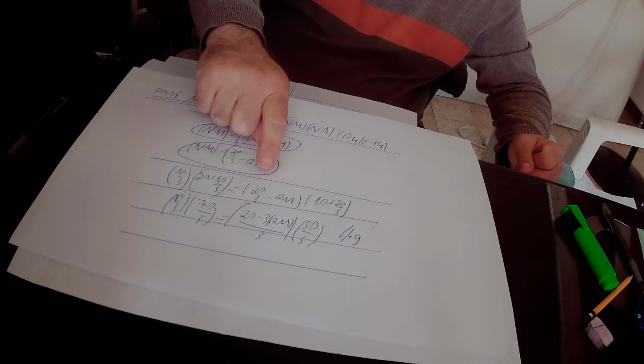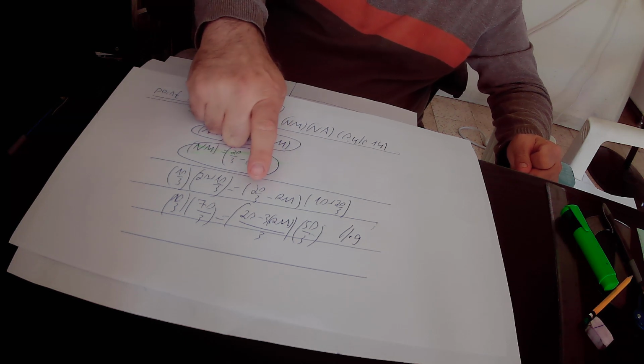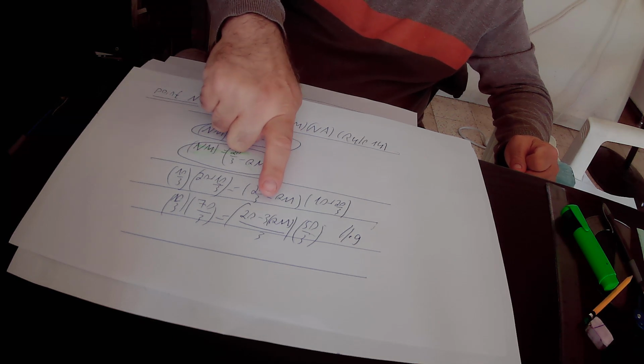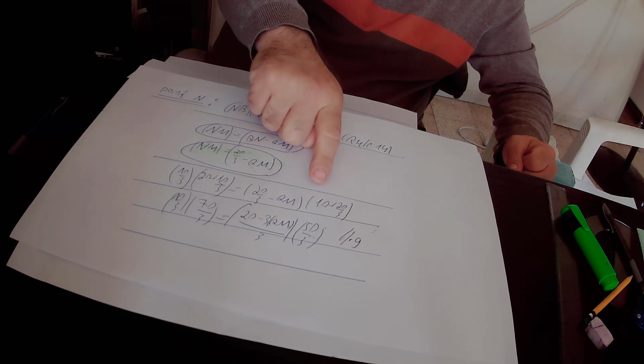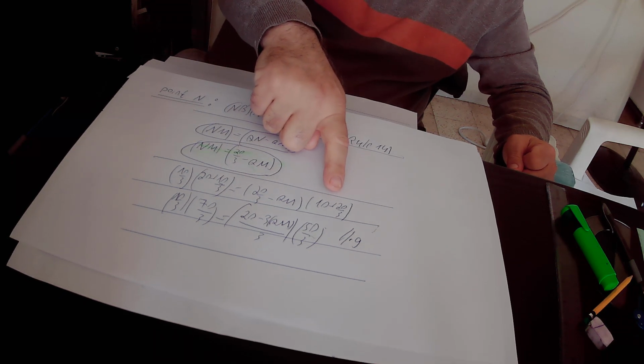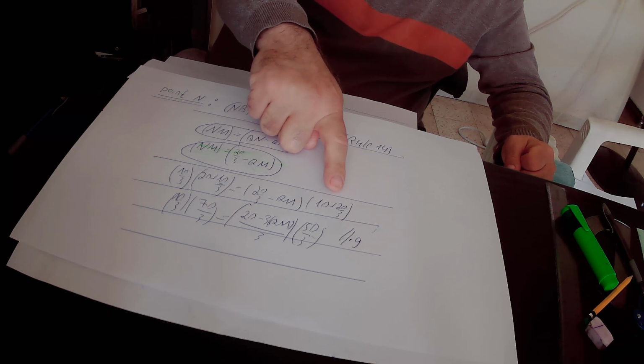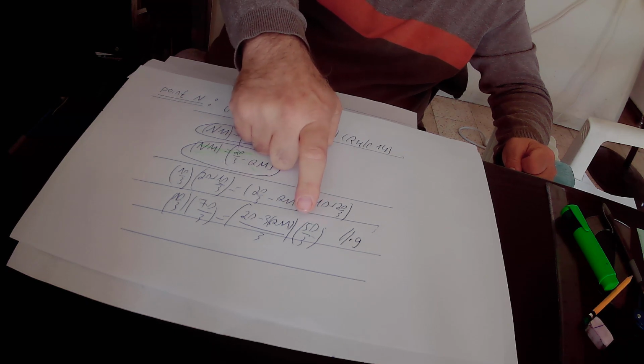So in the numerator we have 20 minus 3 QM, divided by 3, times 10 plus 20 over 3. Here we multiply 10 by 3 and divide by 3. 10 times 3 is 30 and 30 plus 20 is 50. So in the numerator we have 50 over 3.